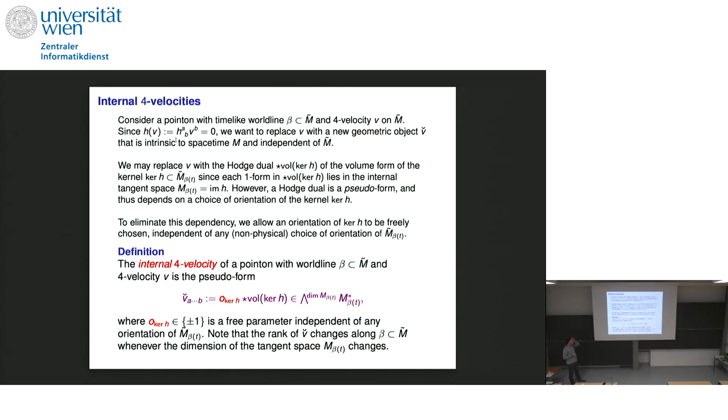So we define the internal four velocity of a pointon with worldline beta and four velocity v to be the pseudoform v check, where O subkernel of H, which is plus or minus 1, is a free parameter independent of any orientation of M tilde, times the Hodge dual of the volume form of the kernel of H. And so the rank of this pseudoform changes along the world lines as the world lines may intersect, and then the rank changes whenever the dimension of the tangent space changes.